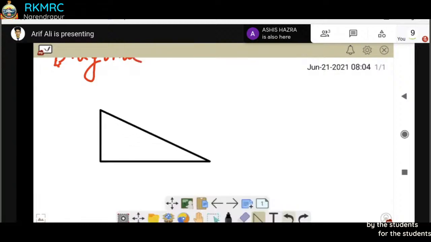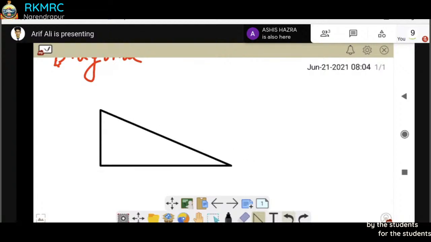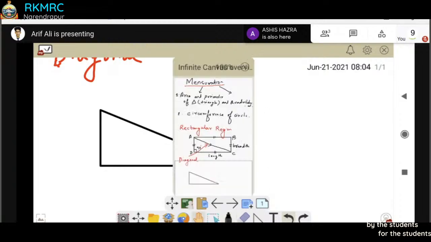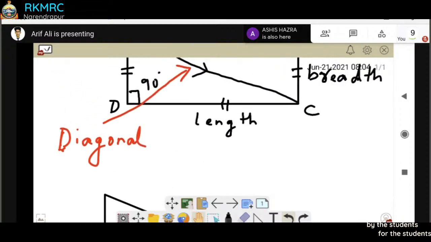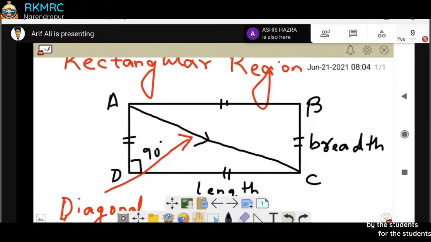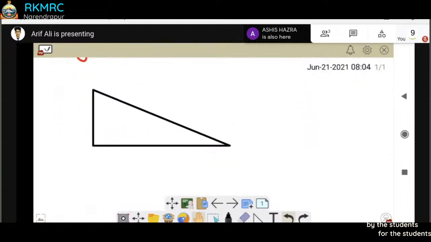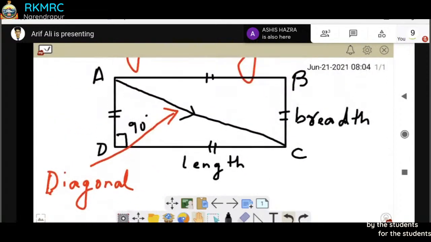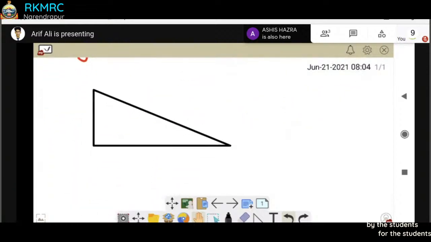So this is quite similar. See this part, I am drawing only this part, A, D, C separately. So you see, it's similar.